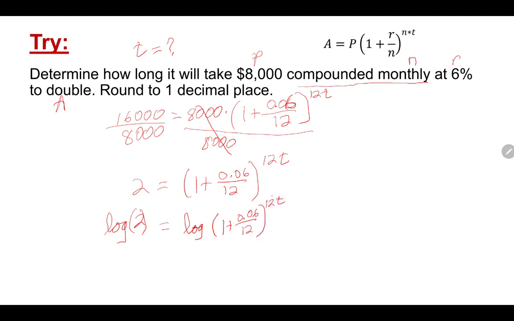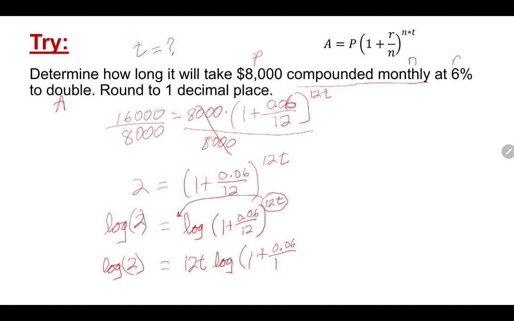And we did this because this piece can be pulled out front. So my log of 2 is equal to 12t log of all that.